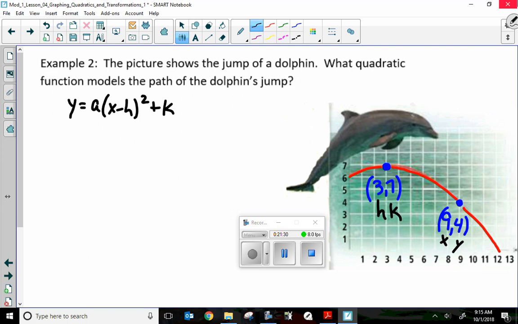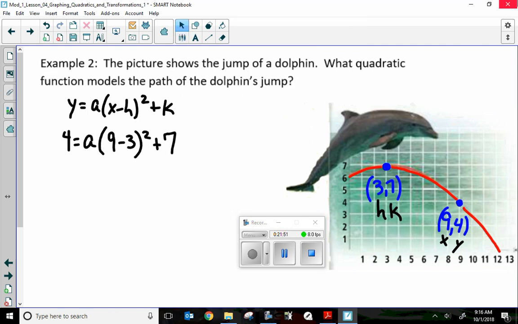All right? Well, Y is 4 equals, I'm solving for A. X is 9. Okay, my H is 3, but I gotta flip that, squared, and then my K is 7. All right, well, let's just solve for A like we normally do.